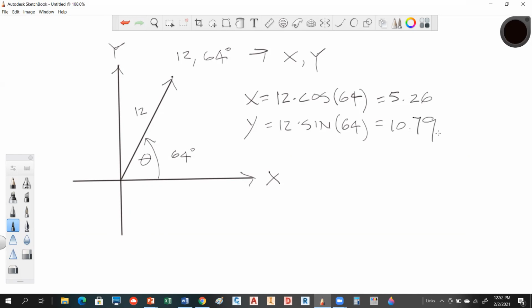Excuse me. So does anybody notice that this is exactly what we were doing with latitudes and departures? Does everybody see that? Anybody not see that?